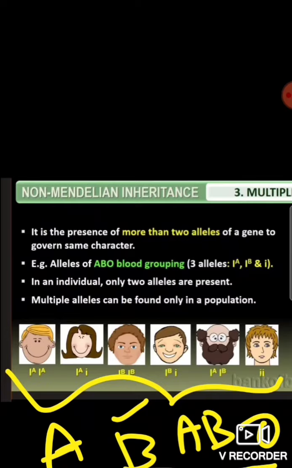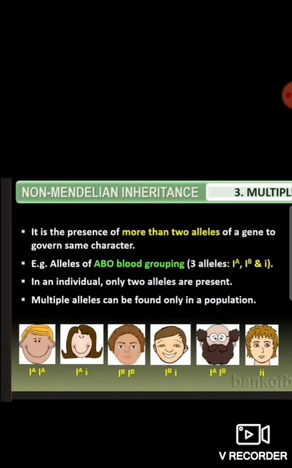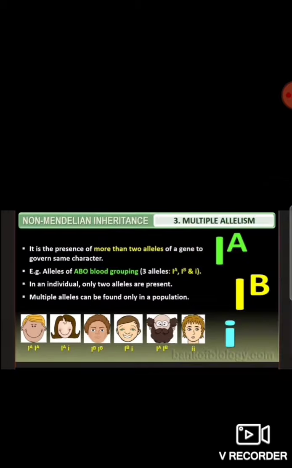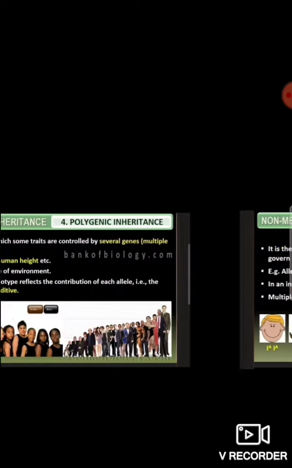So you can observe alleles A, B and small i recessive allele. So 2 dominant alleles and 1 recessive allele you can observe in a population. So in a population, for a character like blood group, if you observe more than 2 types of alleles, then you call it multiple alleles. So we call it multiple allelism.